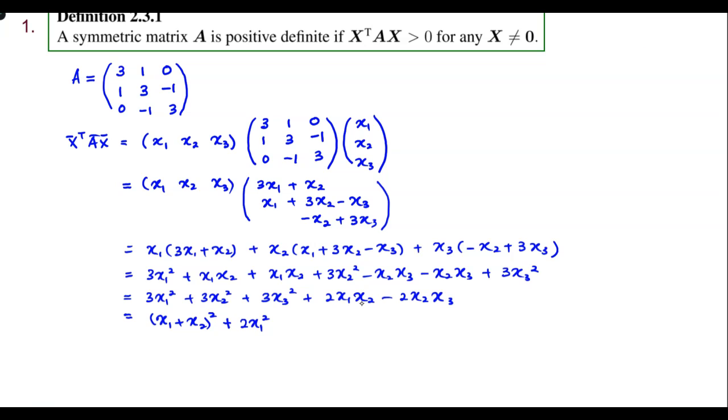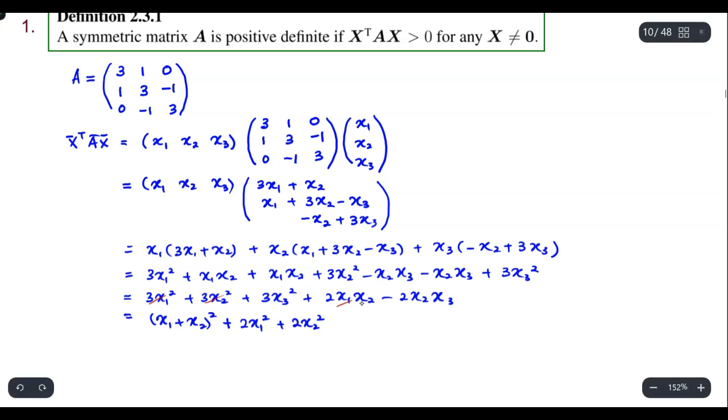We already have 3x2 square, so it should be plus 2x2 square here. So we have covered this, that, and that. But we still have 3x3 square minus 2x2x3.